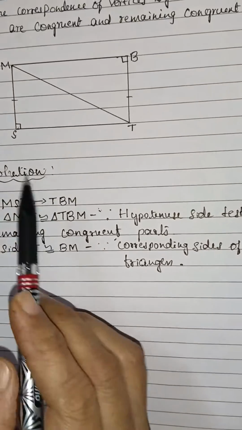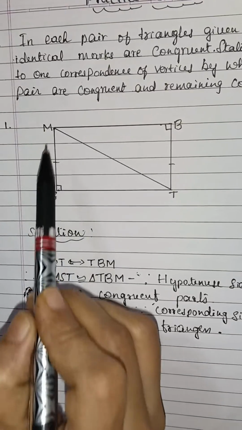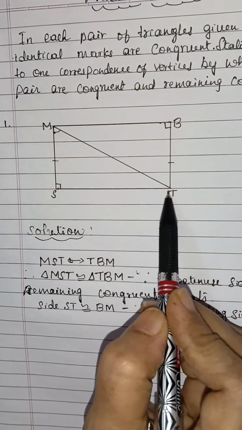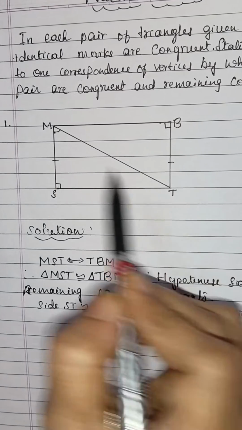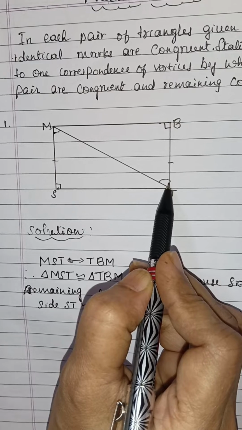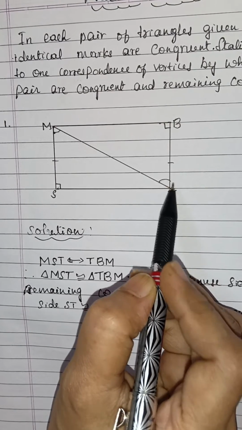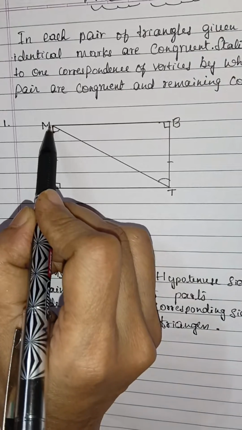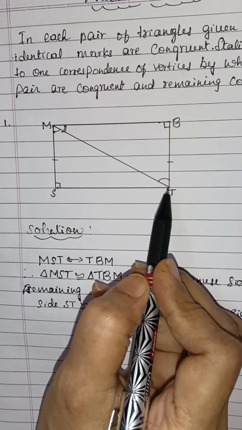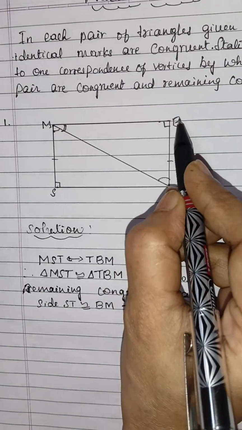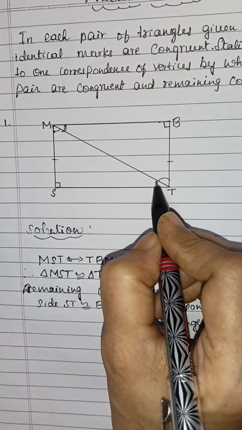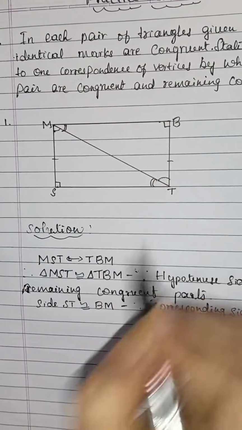Therefore angle SMT, this angle, is congruent to angle BTM, this angle. And another one is angle TMB, this angle, which is congruent with angle STM.